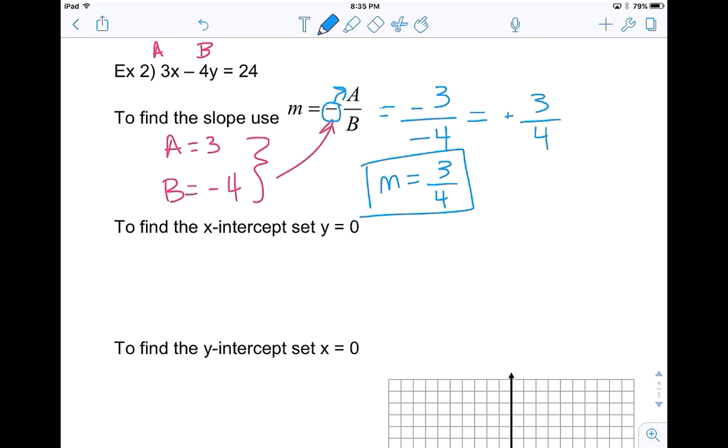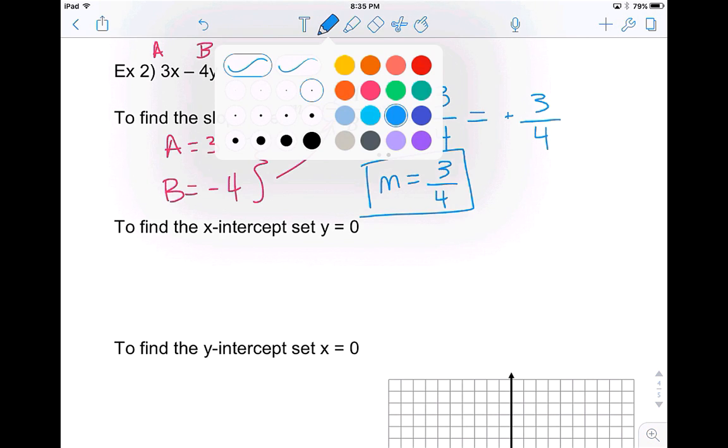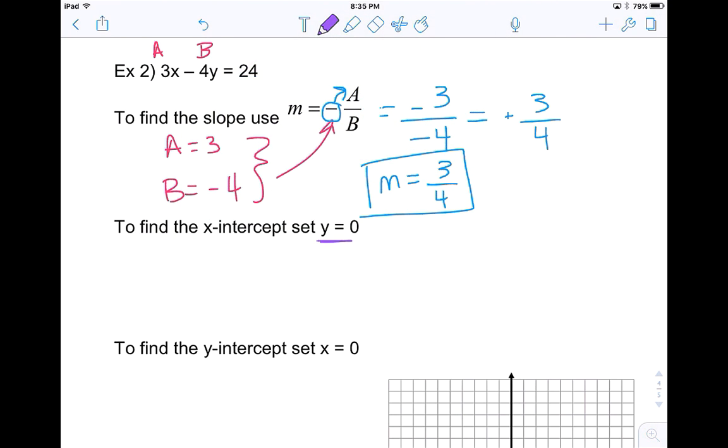Now let's find our x-intercept and our y-intercept so we can plot those 2 points and then find other points using our slope. To find the x-intercept, we're going to plug in 0 for y into our equation and solve for x. So we've got 3x minus 4, but for y we're going to plug in 0, equals 24, and then we'll simplify. 0 times anything just gives us 0, so that's going to become a 0 there.